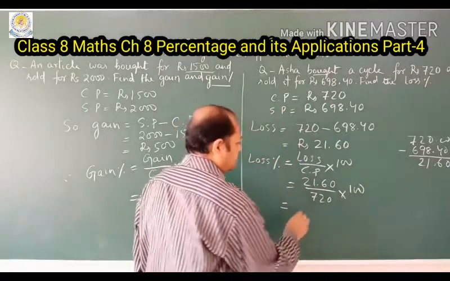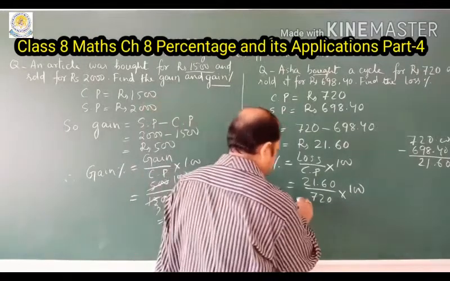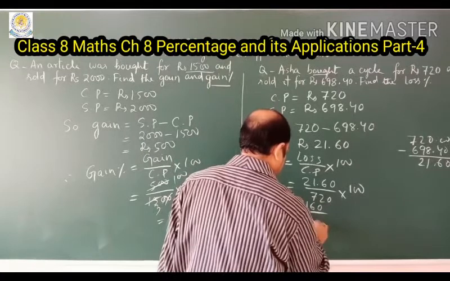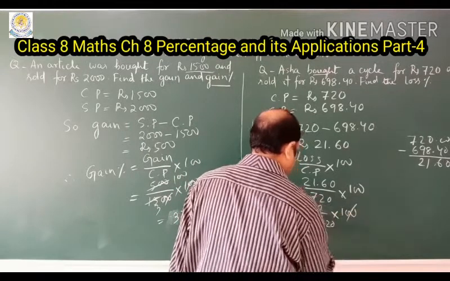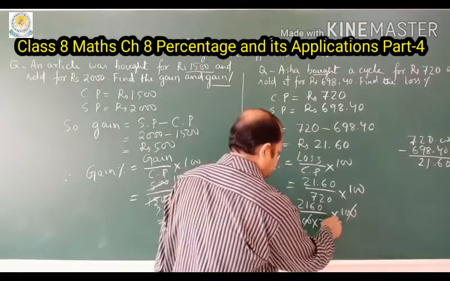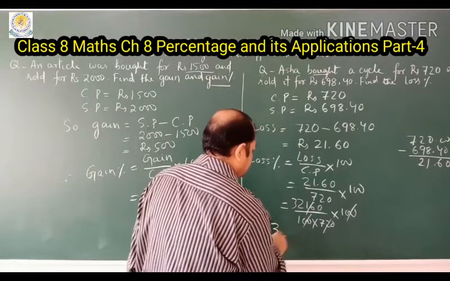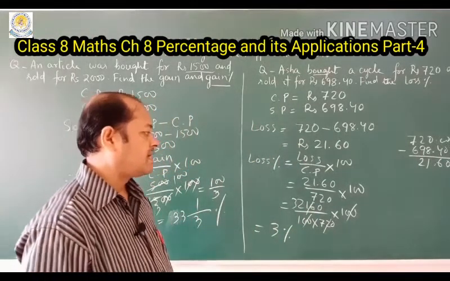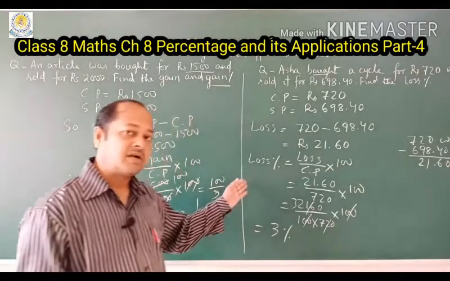Here a decimal is present, so make it a fraction: 2160 upon 100 into 720 into 100. So we have 100 cut. So 720 into 3 is equal to 2160. So how much did you get for loss percentage?